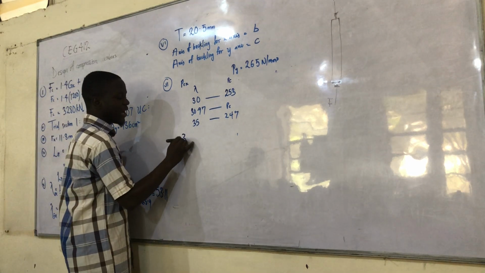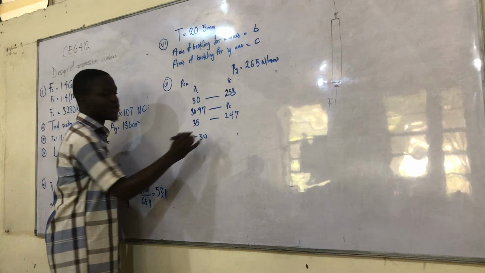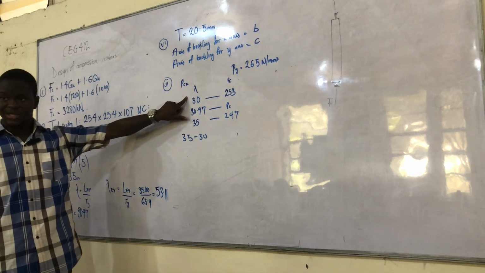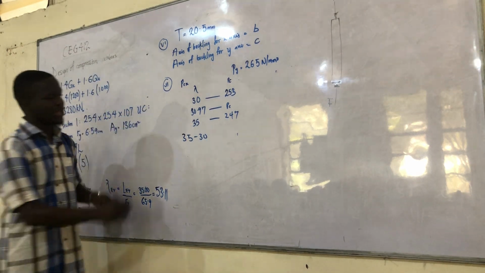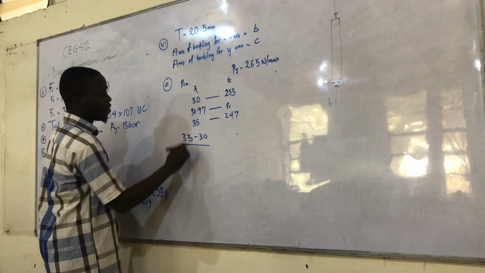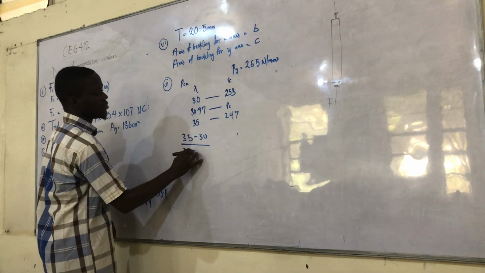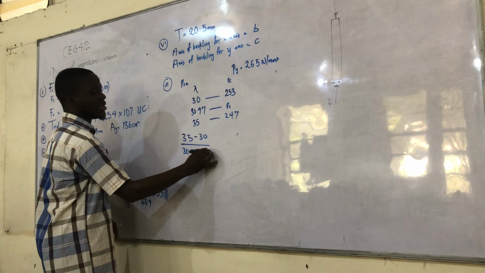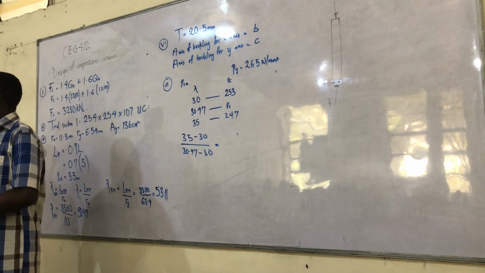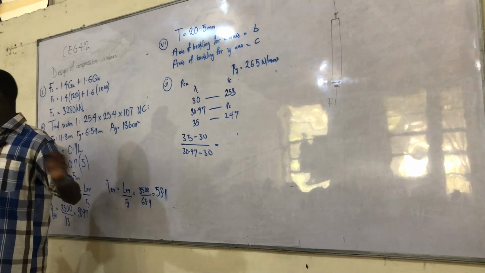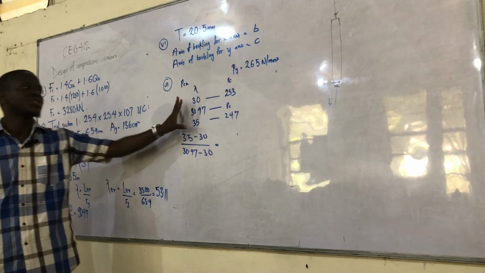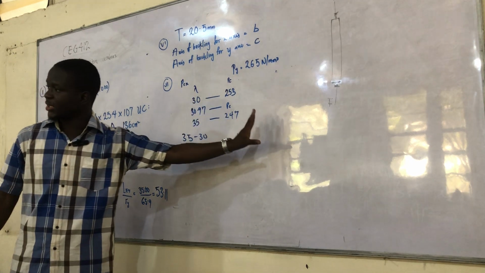So now, 35 minus 30, divided by 30.97 minus 30. You can do it any way you want to. Are you with me? We'll still arrive at the same thing. Just make sure that whatever you are doing on the left side is the same thing you are doing on the right.